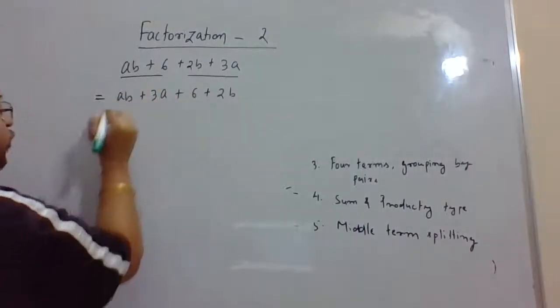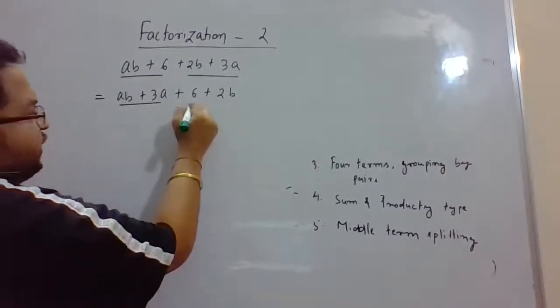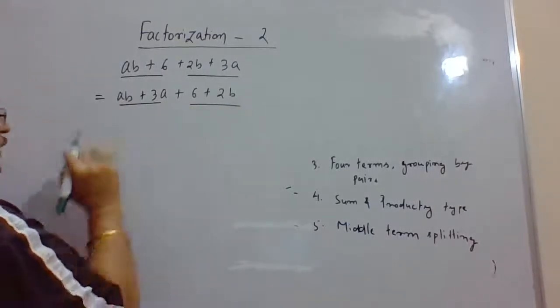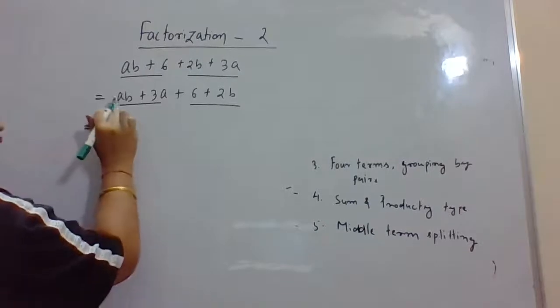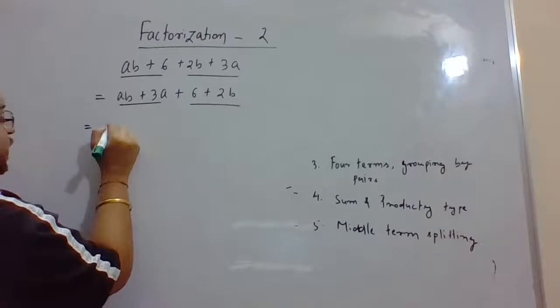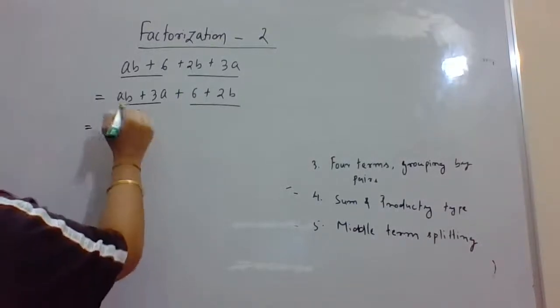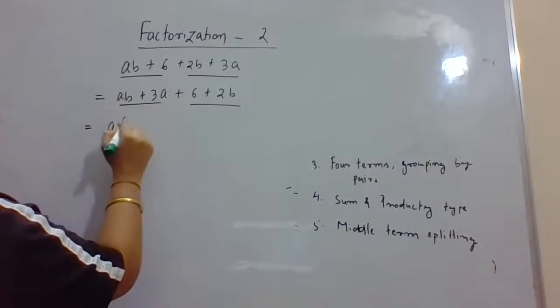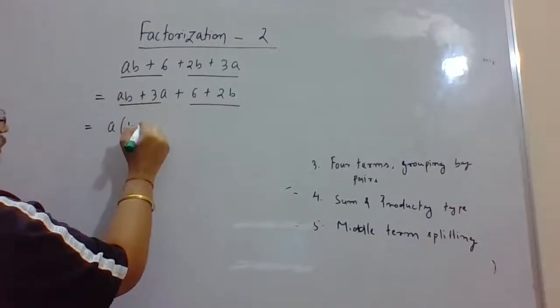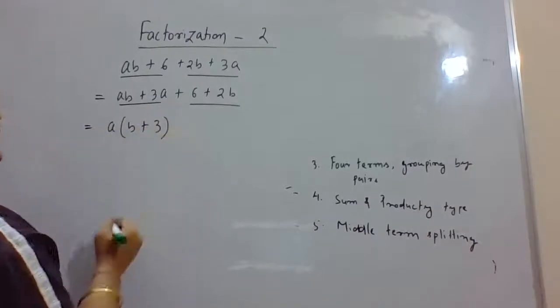I can use the property of addition, and that's why I can shuffle this expression like this. Now if I take these two as one pair and these two as another pair, let's see what happens. What could be the common factor? The common factor obviously would be a. If I take a as the common factor, then ab by a is nothing but b, plus sign, 3a by a is nothing but 3.